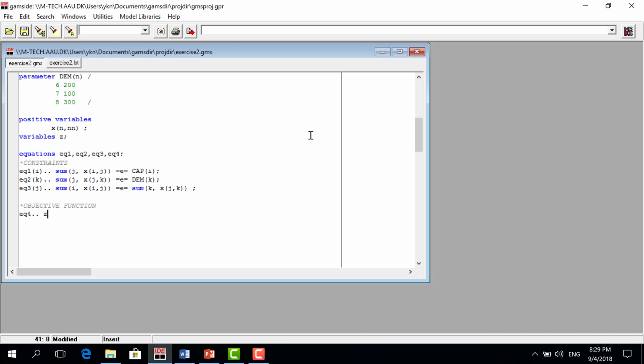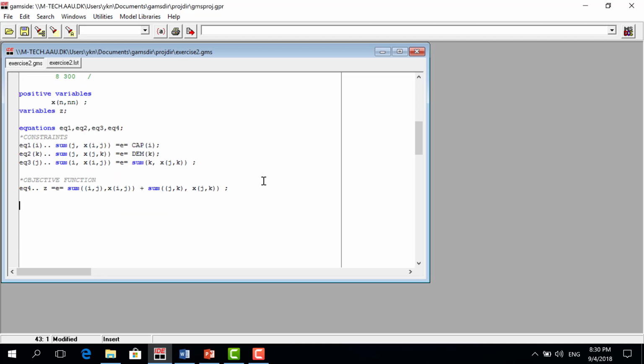It's a free variable because it is the objective function, and z is equal to the sum, because we need to calculate the whole cost of the supply chain, so we put all of these here: I to j, and then xij, plus the sum over j comma k, and this is c, and this is k, and semicolon.